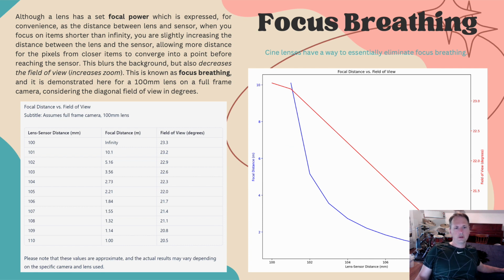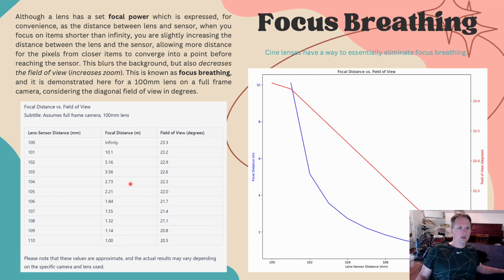So focus breathing is a situation where if you have a 100 millimeter telephoto lens, then it's designed to focus starting off at infinity, and as you push that lens farther away from the sensor, all the way up to 110 millimeters or 11 centimeters, so you've increased its distance from the sensor by 1 centimeter, you've now gone from focusing on infinity to focusing on some subject that's 1 meter away.